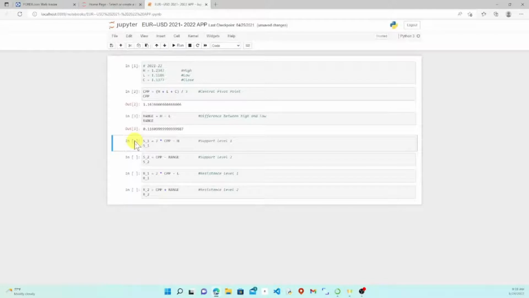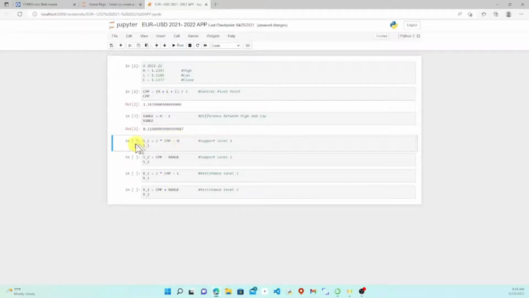Okay, now that we have that, we'll go to our 2 support pivots, support 1 and support 2. Now there are more of those, and we'll see that when we get to the charts, but these are the only 2 that I really use, and I'll show you why when we're on the charts. So support 1 is 2 times the central pivot point minus the high.